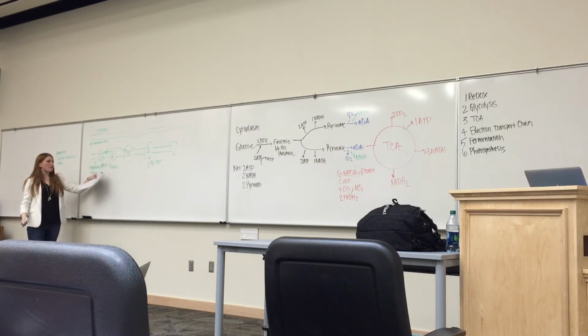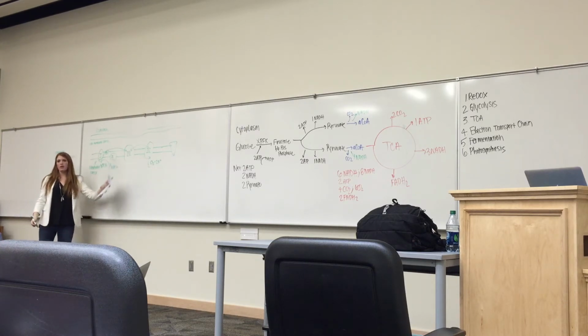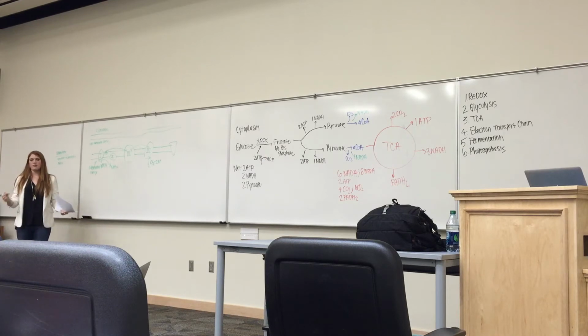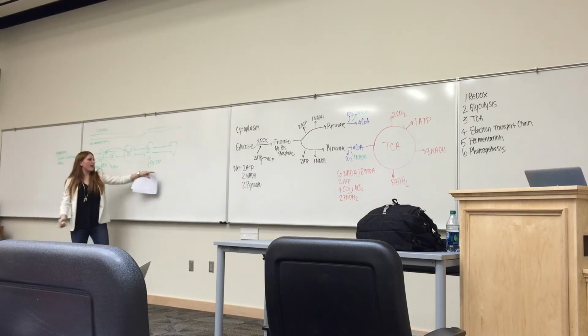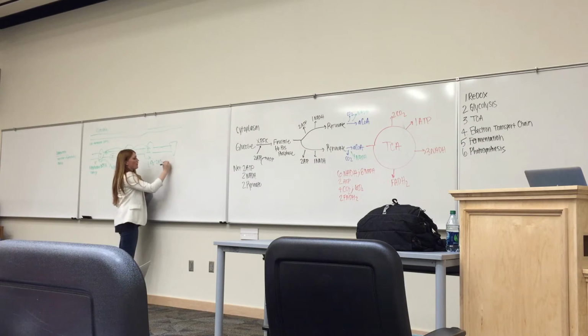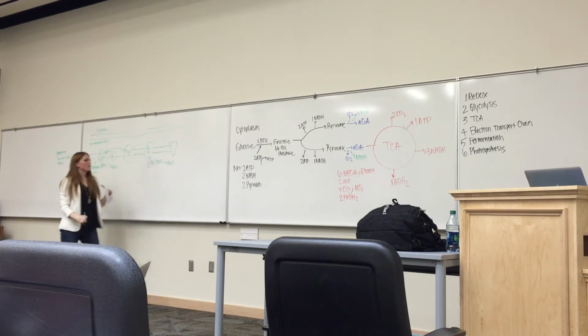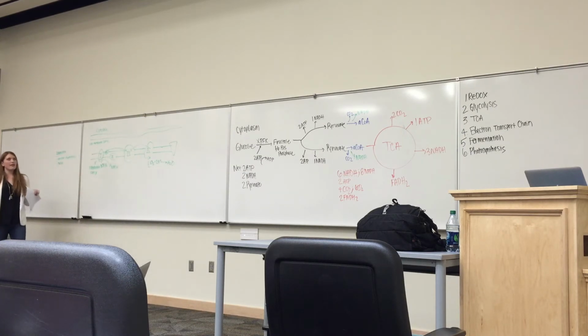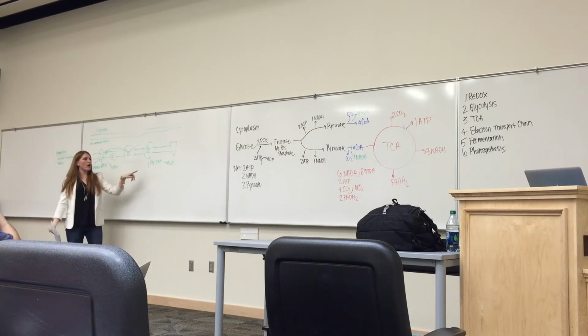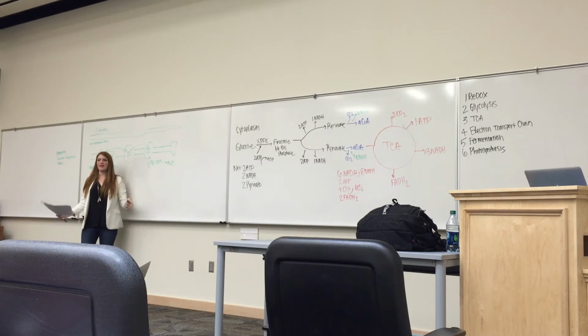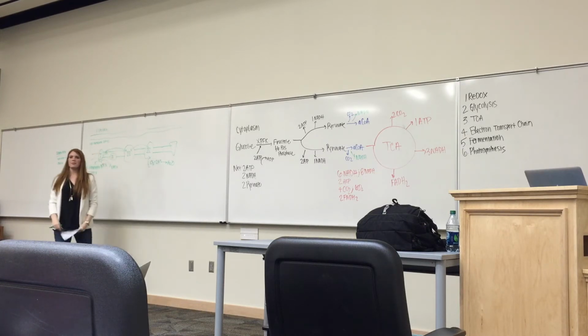These protons that we're generating will combine with that and form water. I think he gave an example of this in class: if you breathe in radioactive oxygen, where will you see that radioactivity in your body? In water, because that's what it's going to be made into.